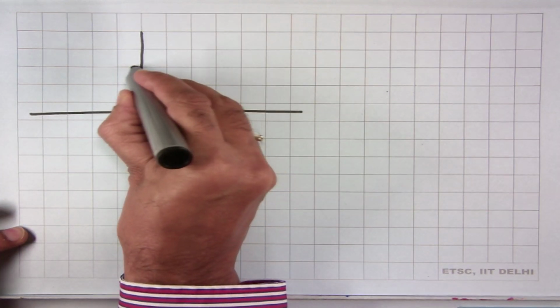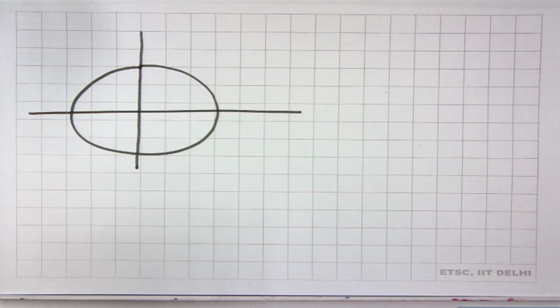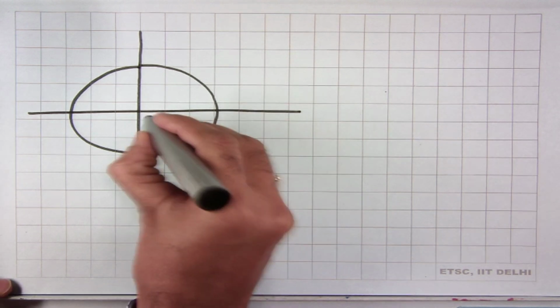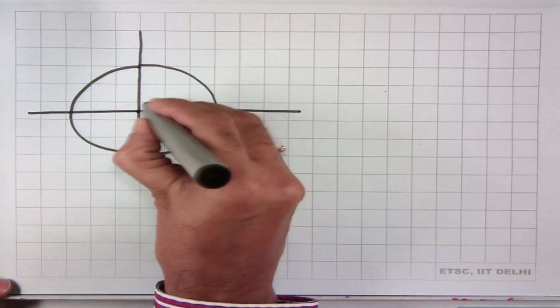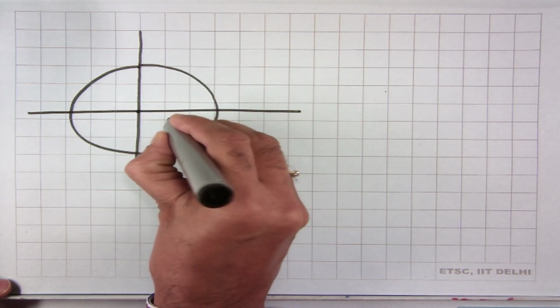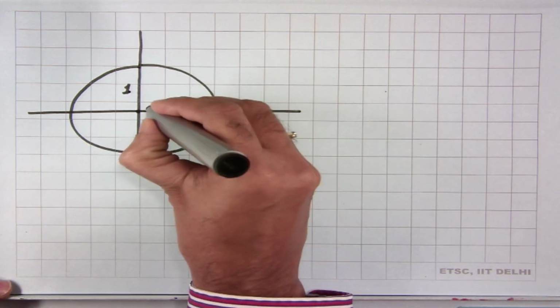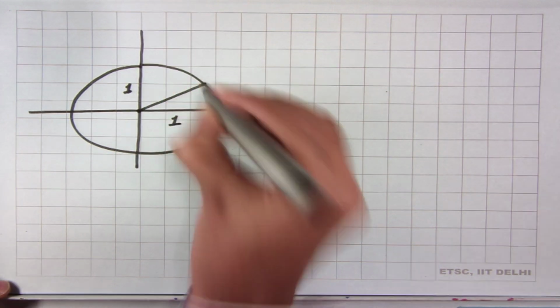a circle of radius 1. So, I have a circle and the radius of this circle is 1. So, this is 1, this is 1, and now let us take an angle equal to x radian.